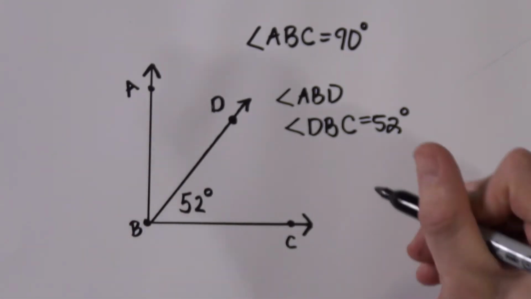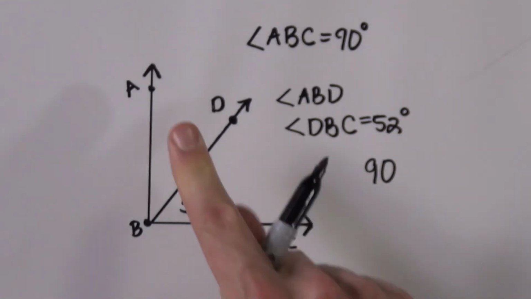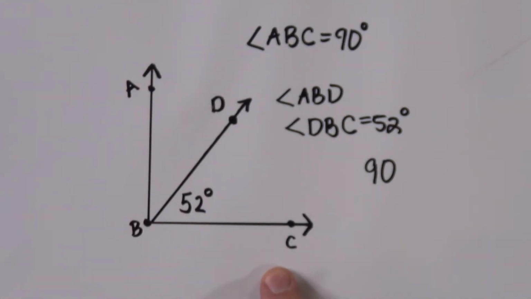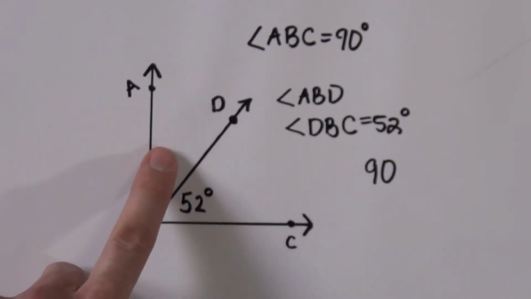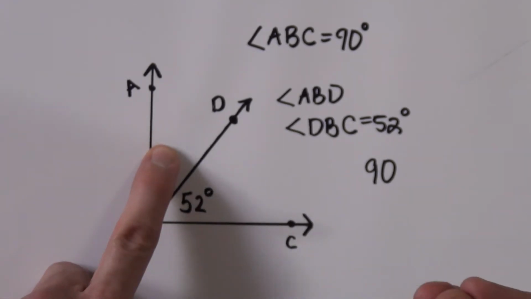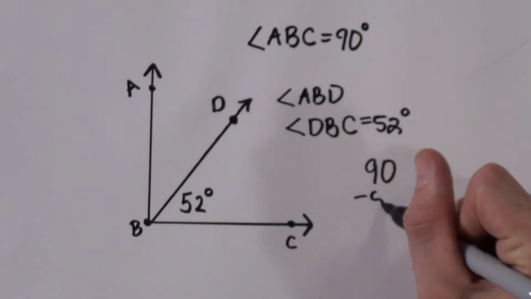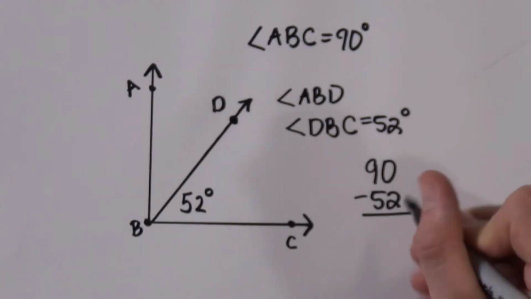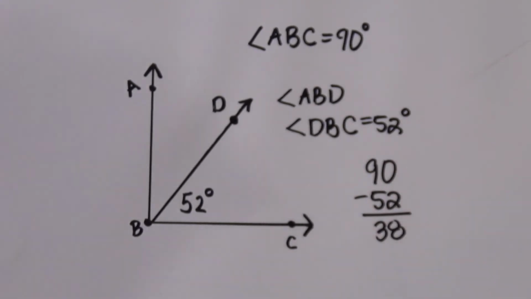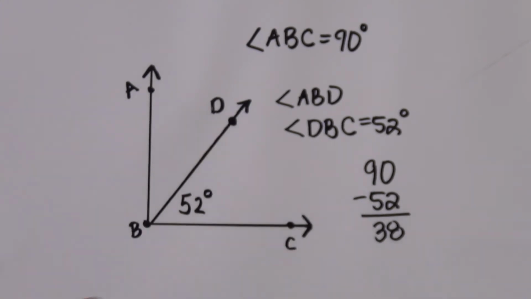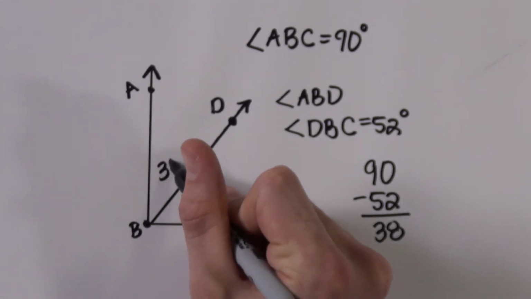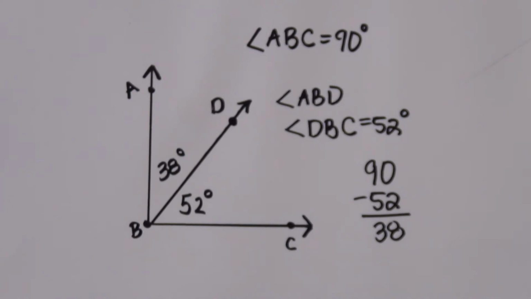The students would simply need to understand, okay, if ABC is 90 degrees, then this angle plus something must equal 90 degrees. So they can subtract to figure it out, and they come up with 38 degrees. So then they know angle ABD is 38 degrees.